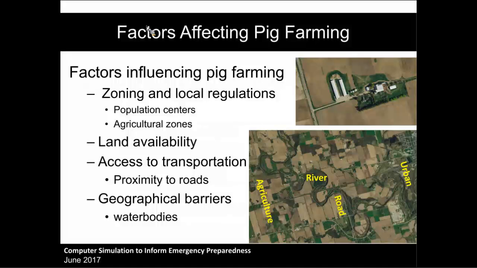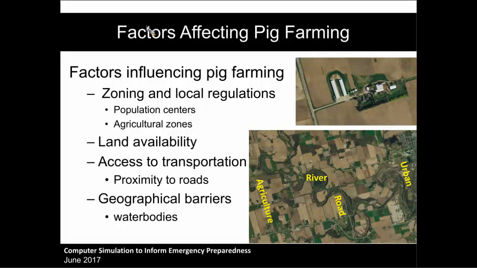We said, okay, given that the information is not enough to find locations of the farms as well as the different production classes and sizes, the number of animals within each farm, we will look at the factors that influence the farm structure.